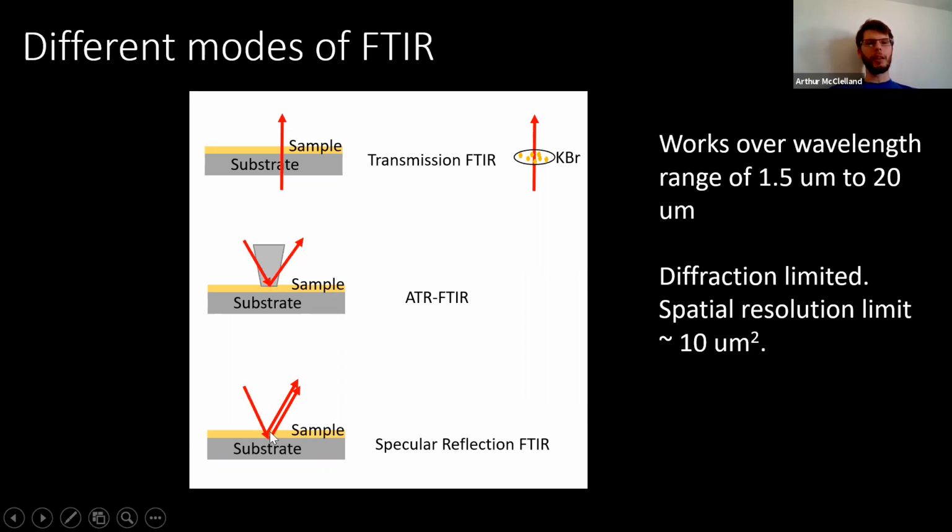You can also do it in reflection mode. So just shine the light down, look at which frequencies are reflected. If the sample strongly absorbs a specific frequency, that frequency won't be in the reflected beam. You do often end up with sort of fringing interference between the reflections off the sample and the reflections off the substrate.